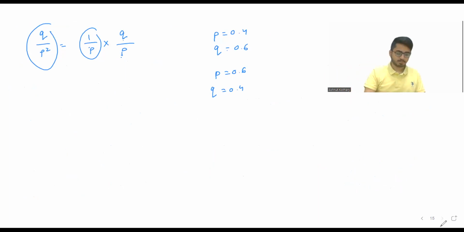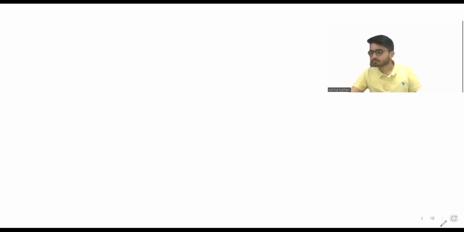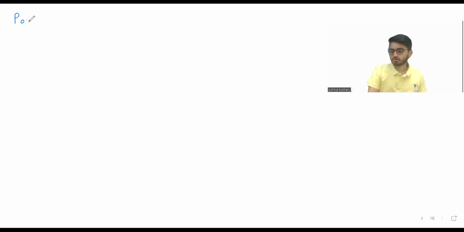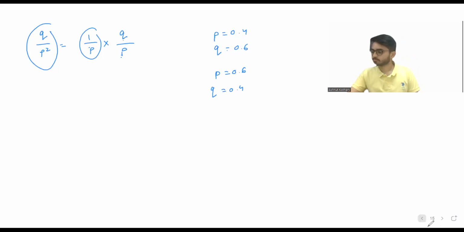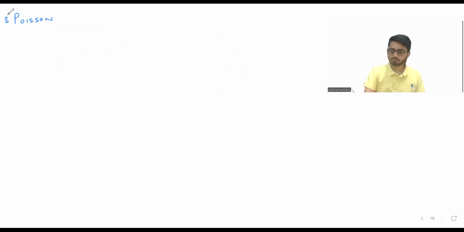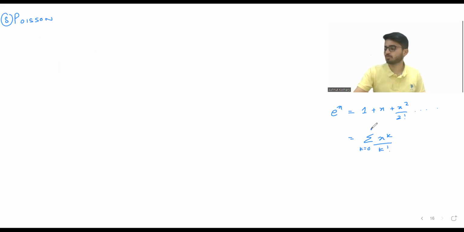Now, next is Poisson distribution. Now, if you check the first prerequisite class, we had covered that e to the power x is 1 plus x plus x square by 2 factorial, and so on, or basically summation x to the power k by k factorial, k running from 0 to infinite.